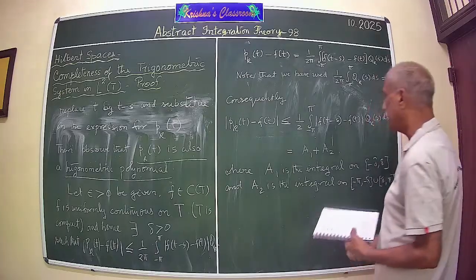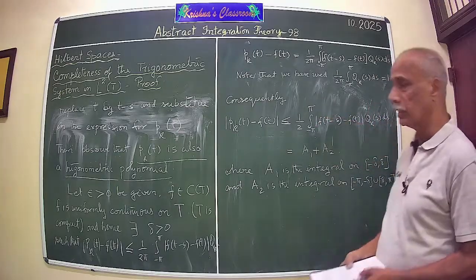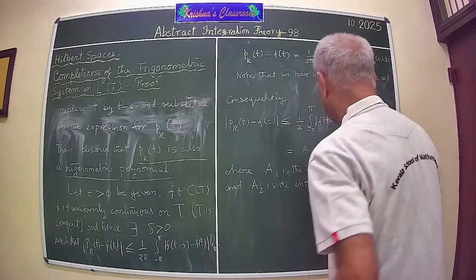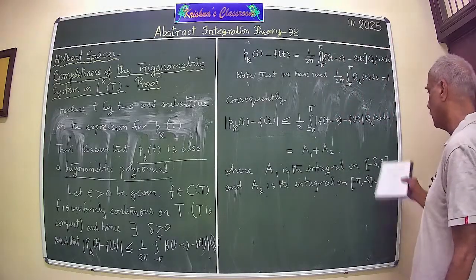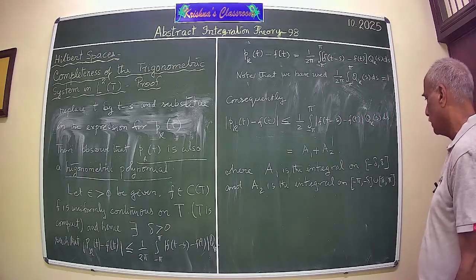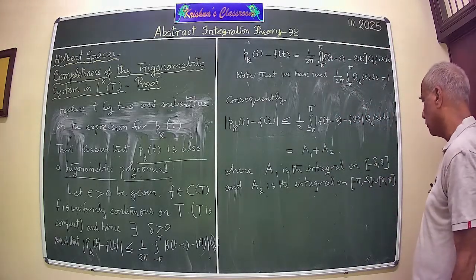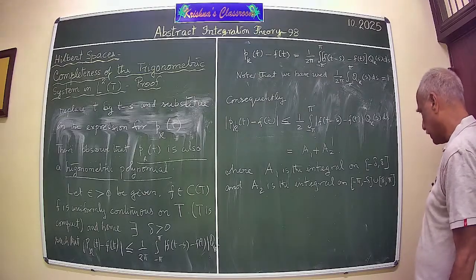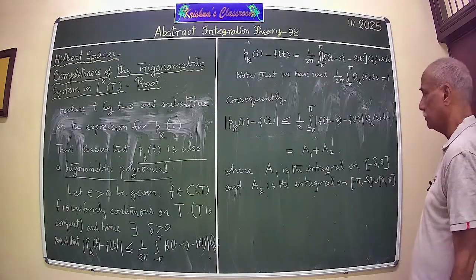So we have split the range of the integration into two parts. One is from minus delta to plus delta, and the other one from minus pi to minus delta union delta to pi.